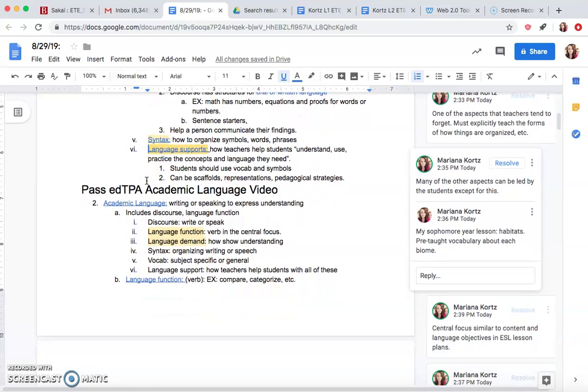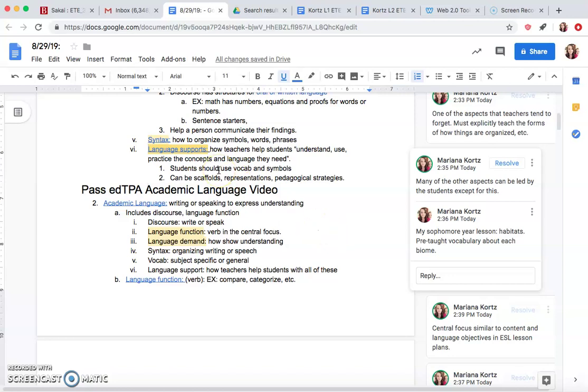Also, there are language supports, which is how the teacher supports their students. The other focuses of academic language can be supported by the other students, but this one is simply with the teacher. How can the teacher help the students learn academic language?